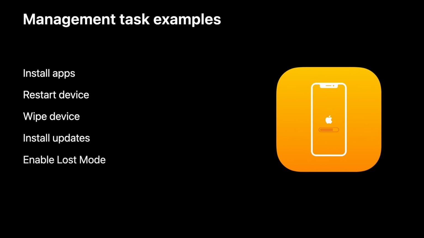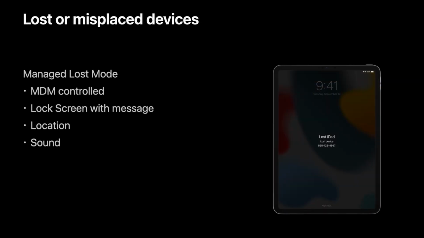A device enrolled in MDM can also be administered through a number of direct management tasks, giving you powerful remote capabilities. Management tasks can take specific actions on devices like installing apps, remotely wiping a device, or installing a software update. And tasks to highlight here are lost mode and activation lock. For locating lost or misplaced devices, you have managed lost mode.